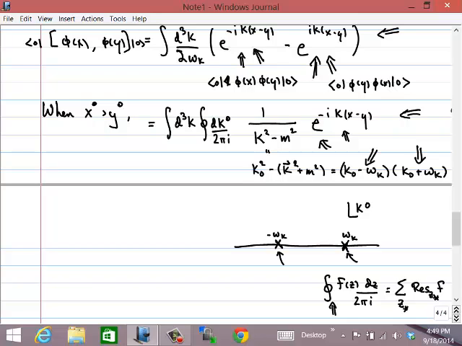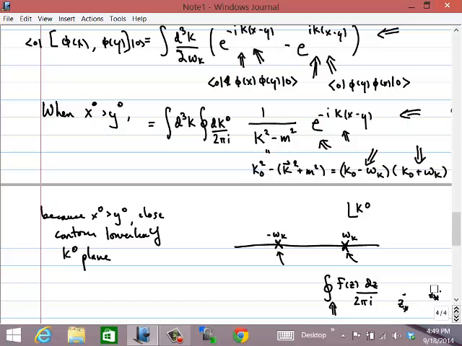Now, the final thing that we need to use is the fact that because x0 is greater than y0, we can close the contour in the lower half of the k0 plane. In particular, the contour, so here, let me just go ahead and erase that.